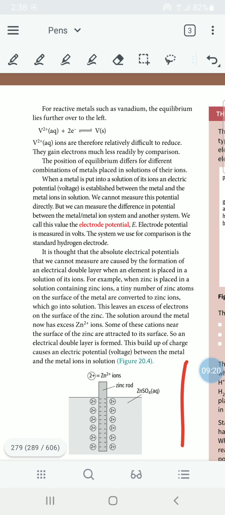When a reactive metal such as vanadium is considered, the equilibrium will be further over to the left and ions will be harder to reduce.